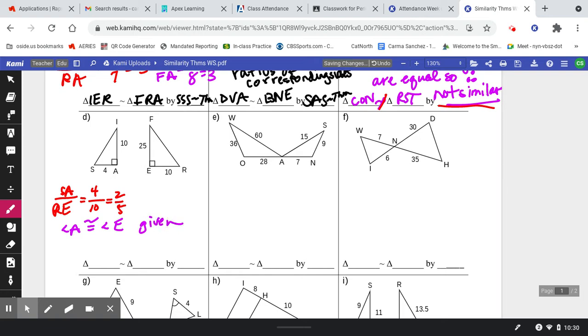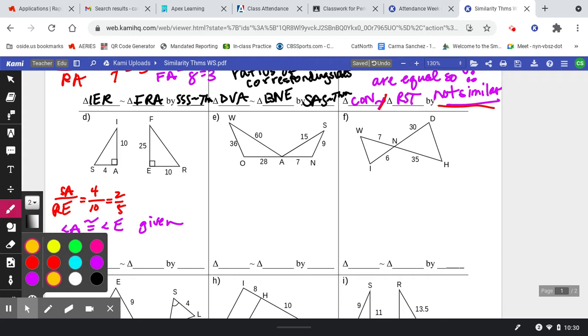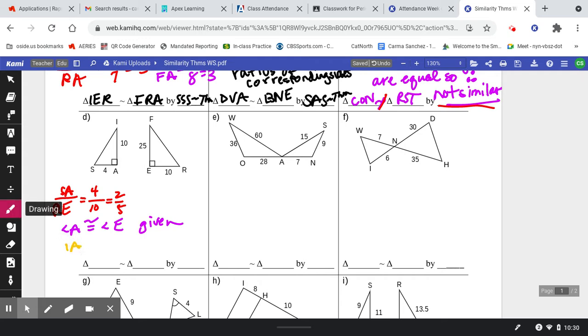And then I've got IA compared to FE, which is a 10:25 ratio. If I reduce this down by 5, I get 2/5. Notice that the 2/5 is in both places, so I can use those two ratios of corresponding sides.